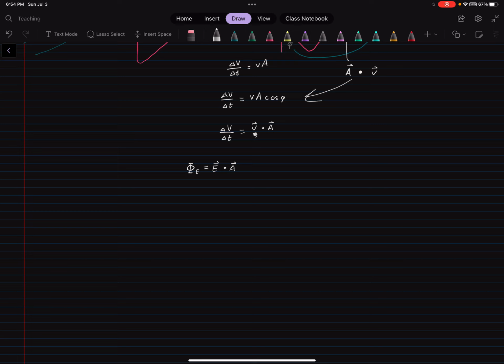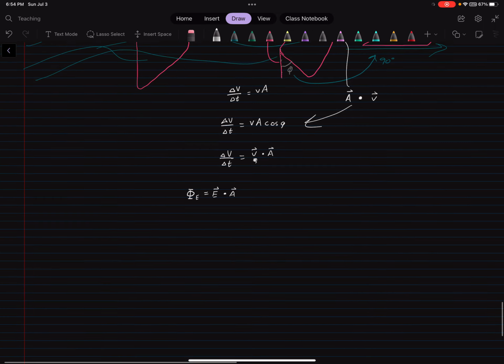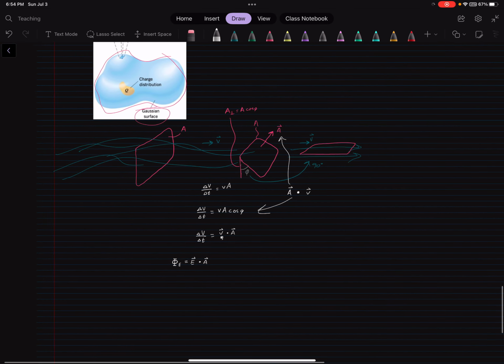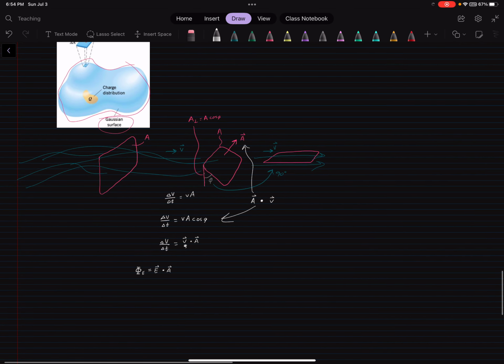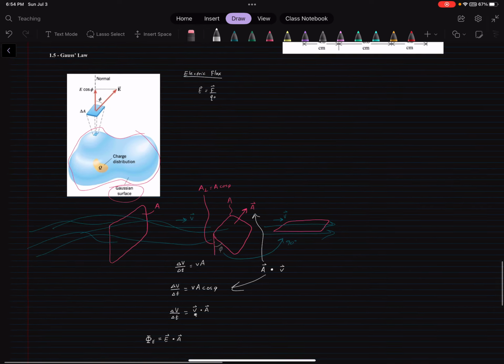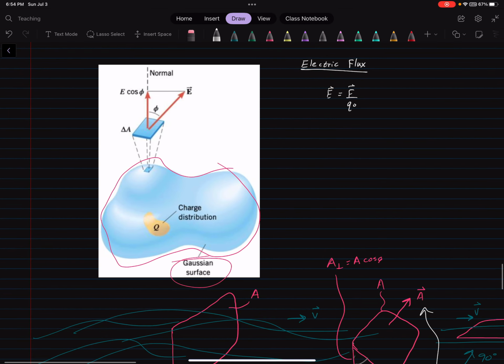So if we had a Gaussian surface, each area point on this thing, like what it's showing here, has some area, delta A, because it's some bit of area, and it has some flow through it.